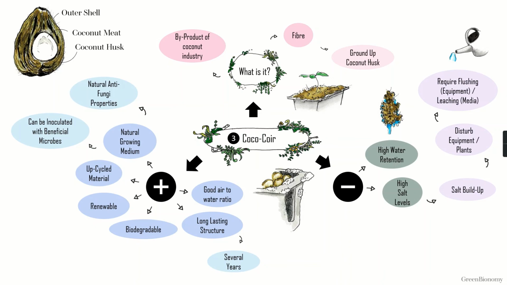Or apparently there's some Coco coir that has lower salt levels from the start because of the way they process it, or it's higher quality Coco coir. So you can look for a supplier that has low salt Coco coir. But again, this part I didn't understand fully. So if you have some tips or some information that I should know, just let me know in the comments, and I will also make a video with these updates.